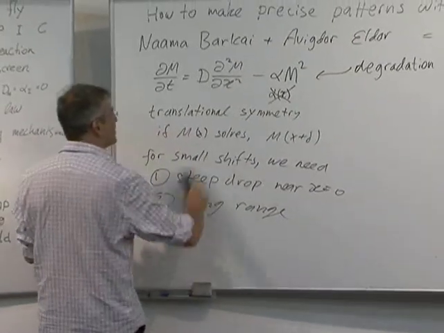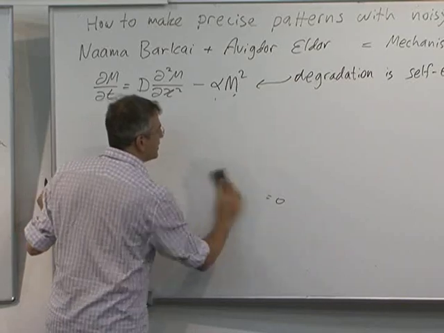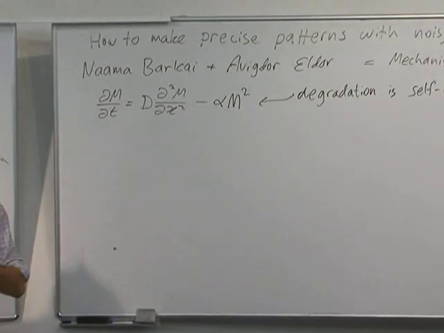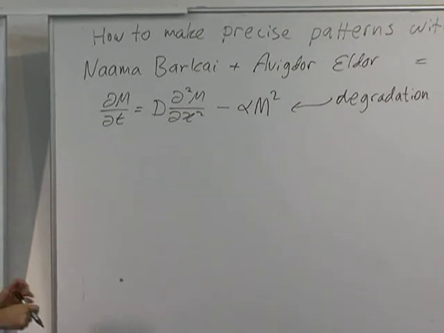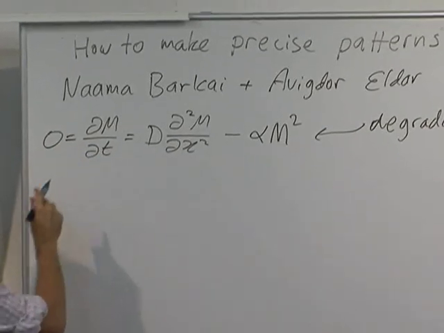So let's try to solve this equation now. With what we did in the first class, this is going to be not so hard, actually. And we'll see what the profile looks like. So again, we're going to do steady state. Steady state means no change.